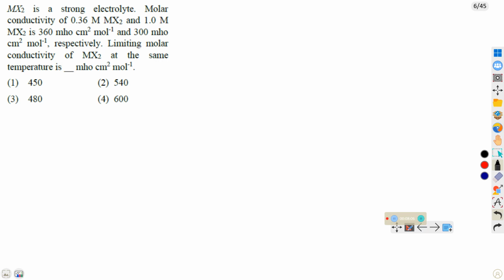MX2 is a strong electrolyte. Molar conductivity of 0.36 molar MX2 and 1.0 molar MX2 is 360 and 300 mho centimeter square mole inverse respectively. Limiting molar conductivity of MX2 at the same temperature is?